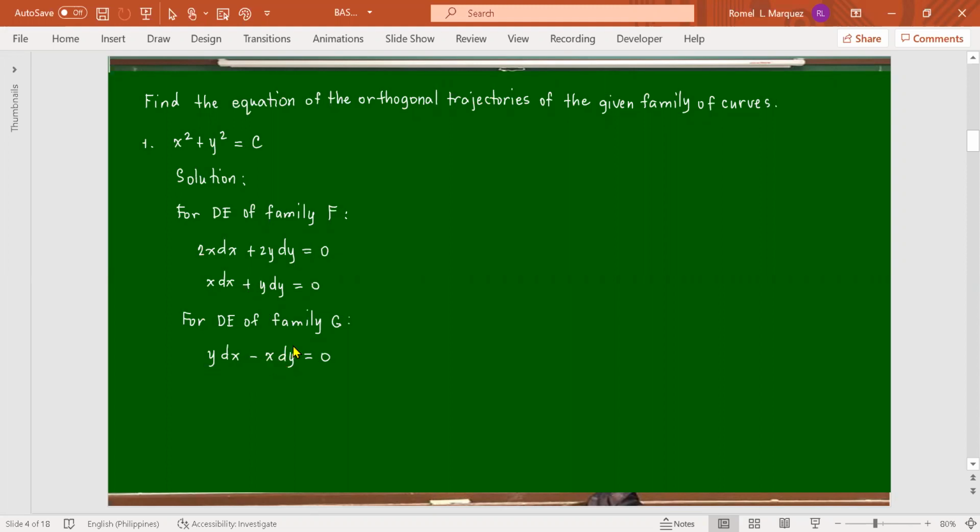So we now have the differential equation of family G. So all we have to do is solve this DE to come up with the equation of family G. So solving this DE, we will obtain the equation of family G. Okay?